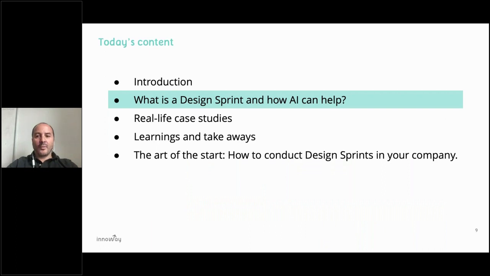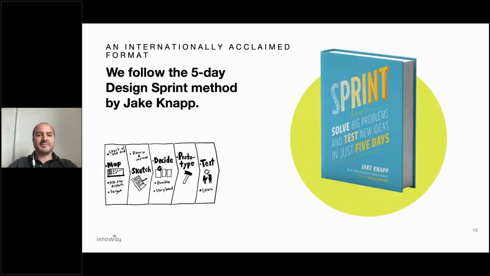So what is a design sprint? A design sprint is a methodology that was developed by a guy named Jake Knapp while he was at Google. And the idea was to make sure that they could deliver validated products in a faster way.